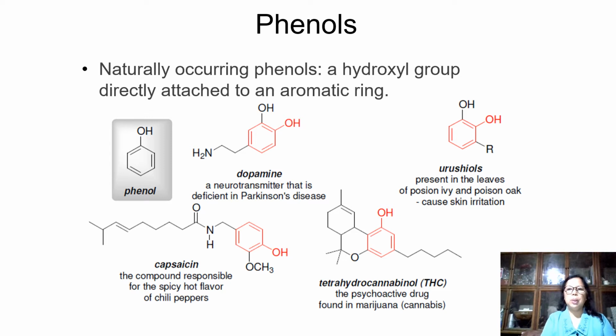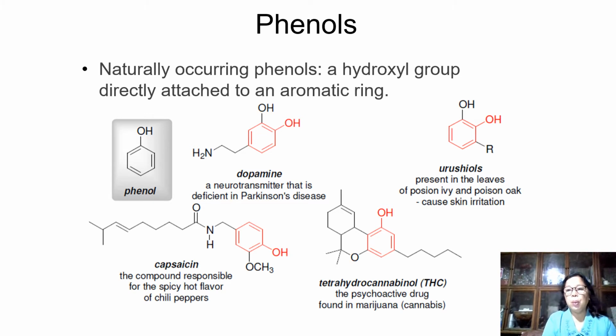And then you have also the THC. If you notice, the formula looks like a crawling insect or a crawling man. It is called the tetrahydrocannabinol. It is a psychoactive drug found in marijuana.